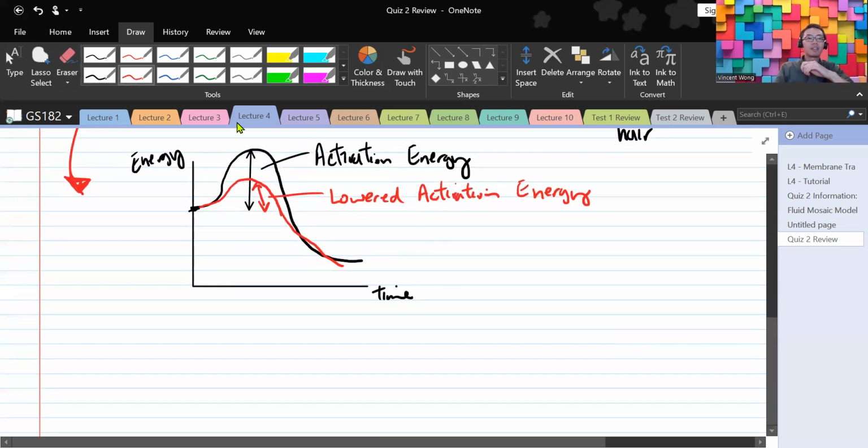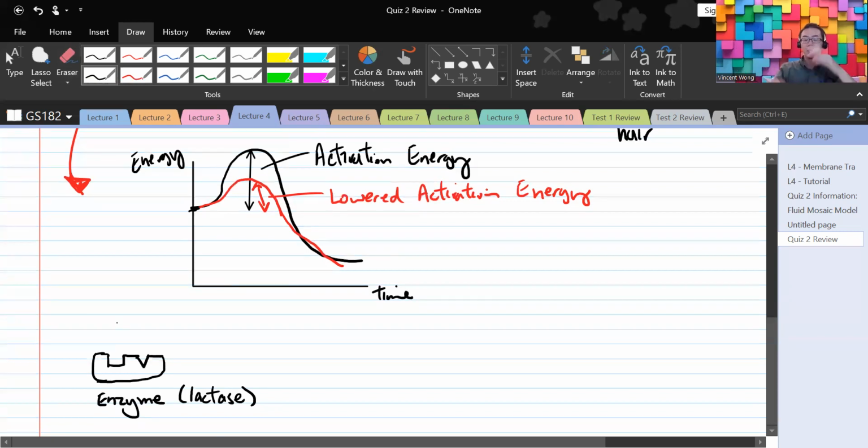Now I'm going to give you a specific example of enzyme. I think we did something like that in class. Okay, so there could be an enzyme like that. Okay, and we'll call this lactase or something. Okay, and there are these grooves where the reactants or substrate is going to be able to bind to, right? We call them the active site, right?